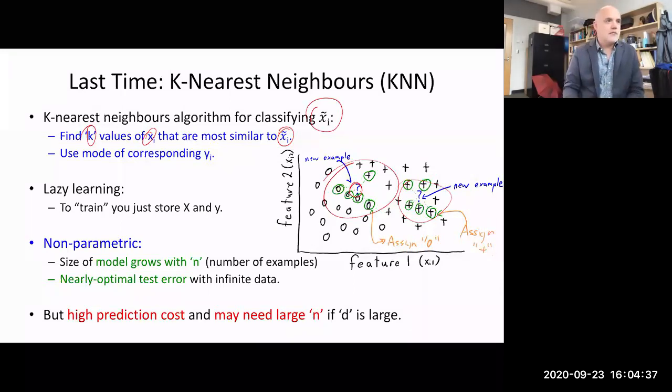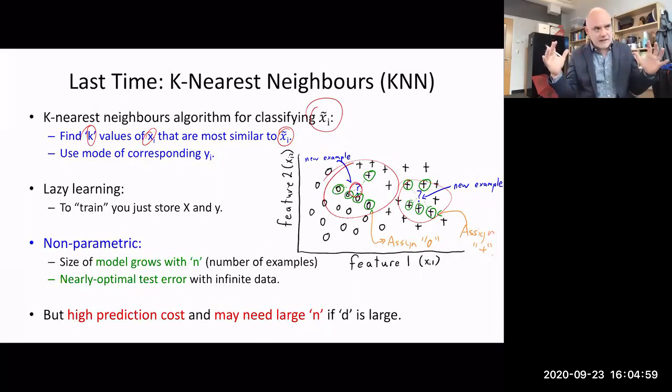And we didn't prove it, but there are some very nice properties of non-parametric models, in particular K-nearest neighbors, with respect to test error in the limit of infinite data. But K-nearest neighbors suffers from very high prediction cost because you need to look through all of your training examples to compute distances, and due to the curse of dimensionality, distances grow as the dimension of the space grows.